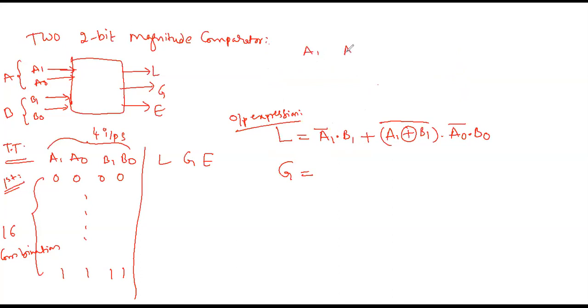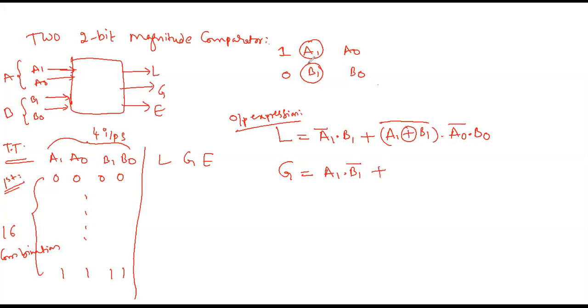A1, A0, B1, B0. First, we'll compare the MSB bit. If A1 is 1 and B1 is 0, we do not bother about A0, B0. Then we will say A is greater than B. So A1, B1 bar.